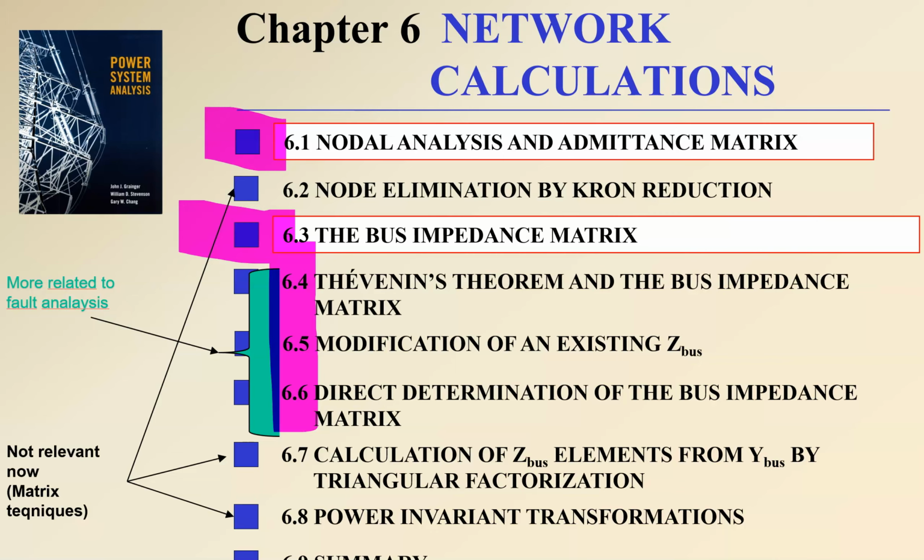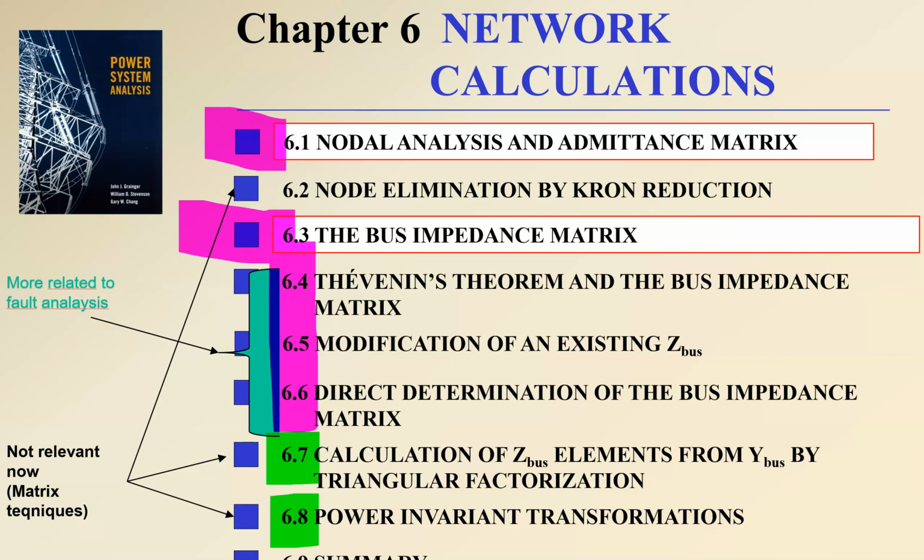And this last one, 6.7 and 6.8, those are more methods for calculating this bus matrix. So it's more like matrix techniques. We don't use so much time in this course for this.